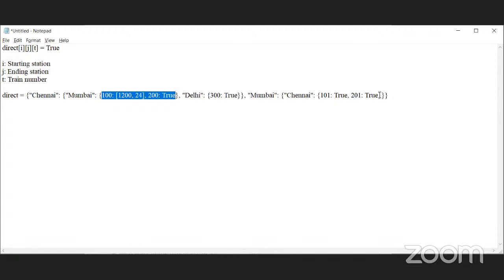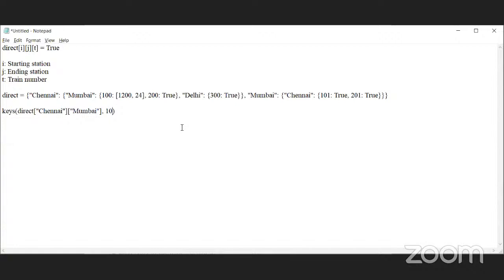So if you do something like keys of direct of Chennai, Mumbai, comma, let's say 100, it will give you true. That means this train number 100 actually runs from Chennai to Mumbai.